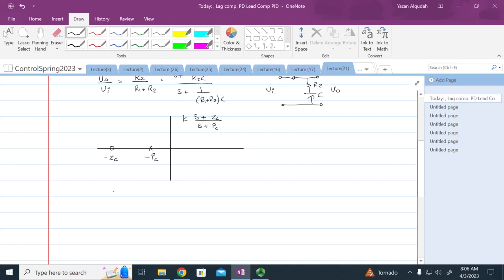So let's see how the lag compensator works. Again, we use the lag compensator to improve the steady state error.